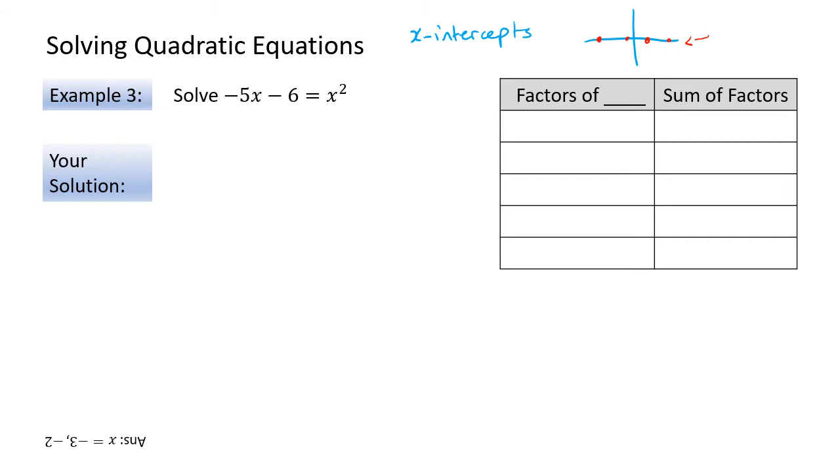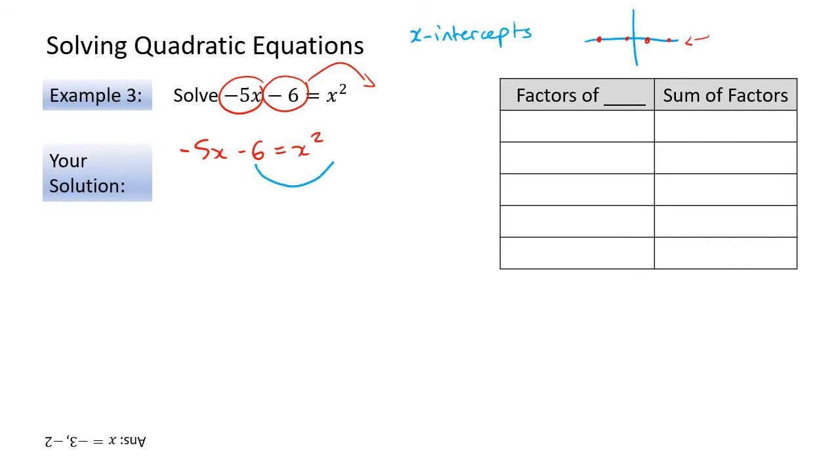Okay? So our first question is solve negative 5x minus 6 is equal to x squared. First thing we notice here, all the terms are not on the same side of the equation. So I'm going to actually move these two expressions to the other side. If you do that, you have to switch the sign.